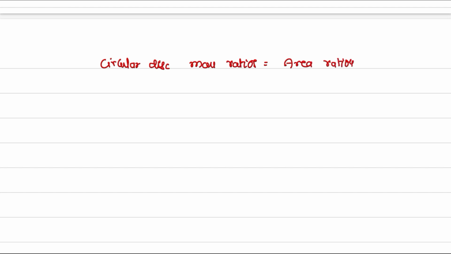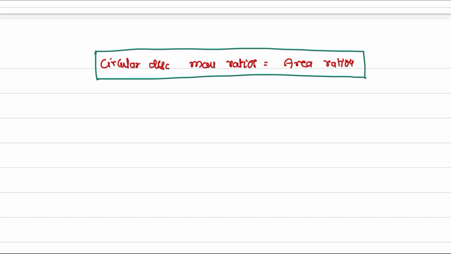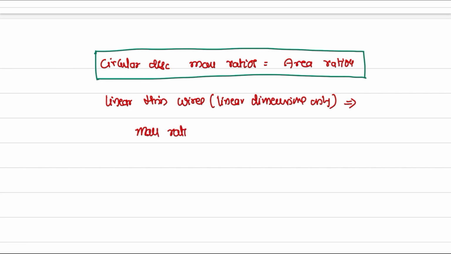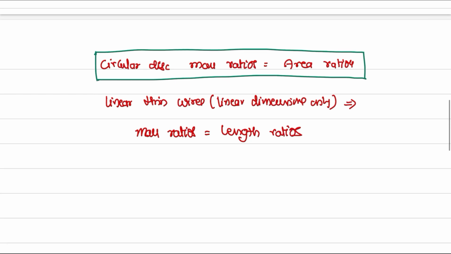In case of the same material with only linear dimensions, like thin wires, mass ratios equal length ratios, how much length there is. This is also important.